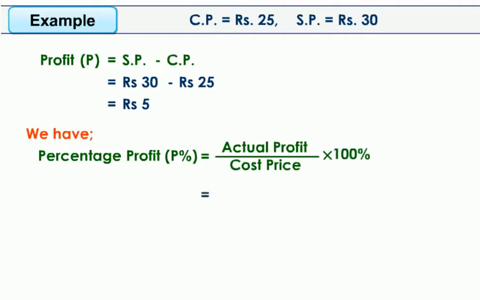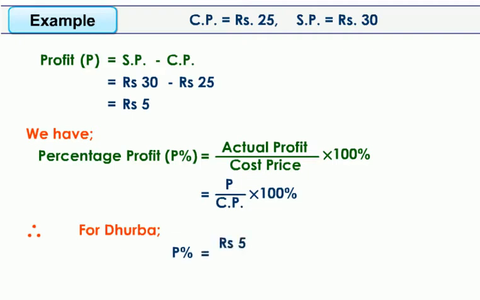That is, P divided by CP into 100%. Therefore, for Dhruva, percentage profit is equal to ₹5 divided by ₹25 into 100%. That gives us 20% as the answer.